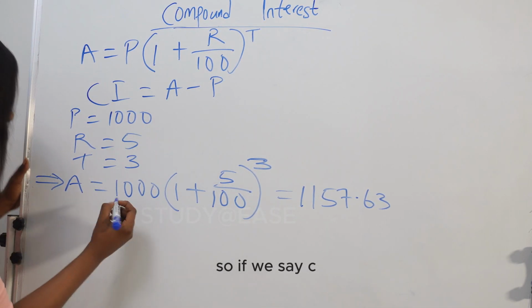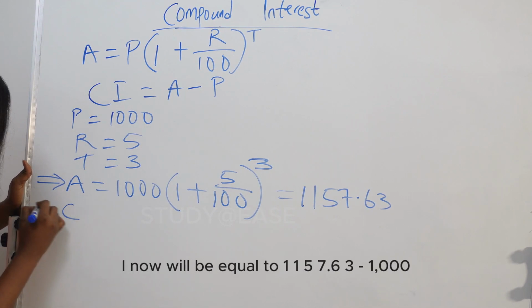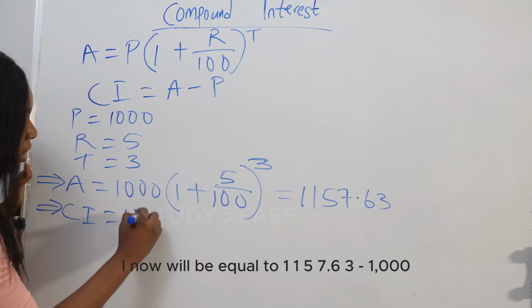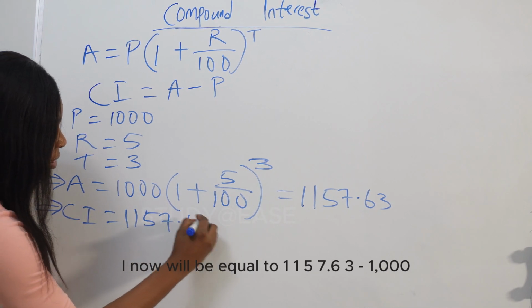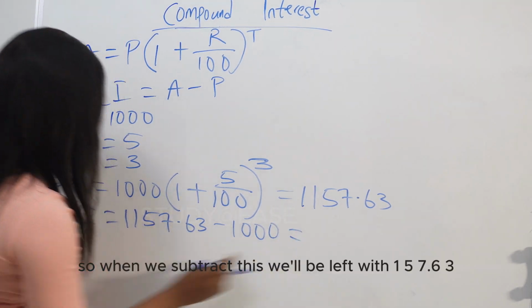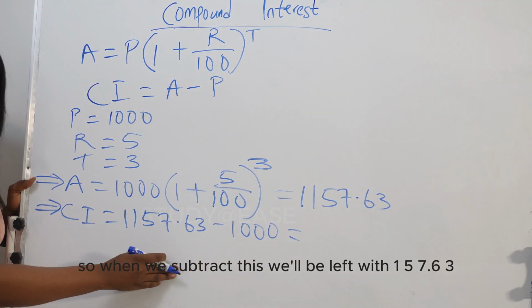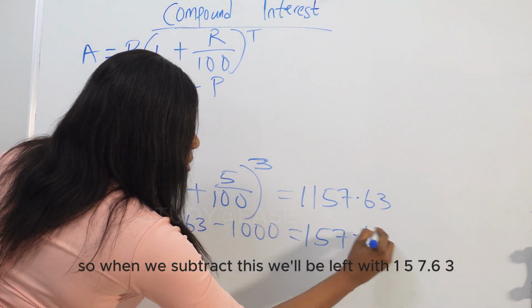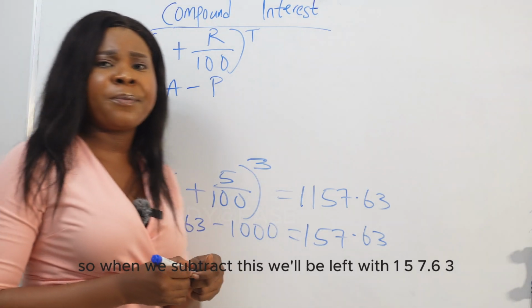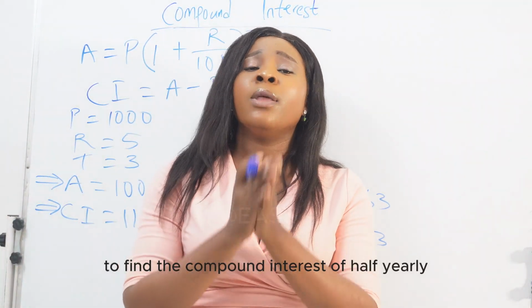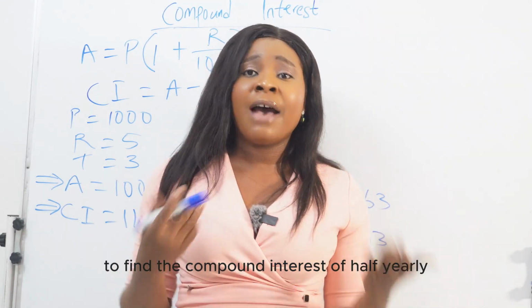So CI now will be equal to 1157.63 minus 1,000. So when we subtract this, we'll be left with 157.63.